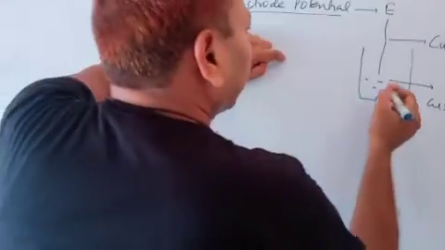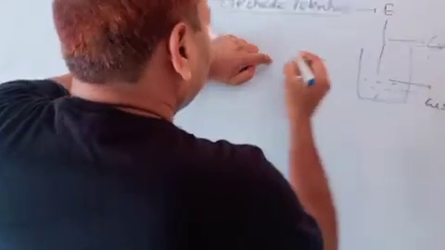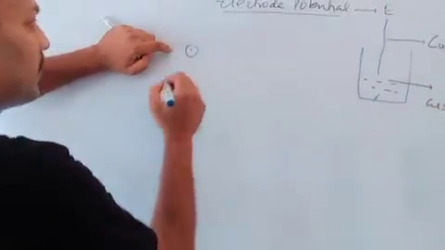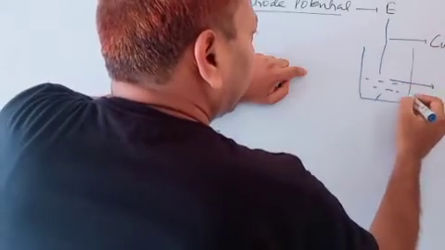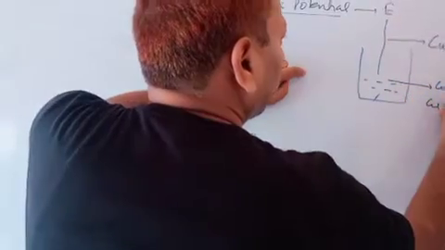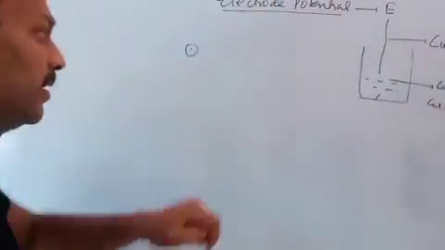Suppose this is an electrode, and in the solution there is copper ion plus sulfate ion, from ionization.